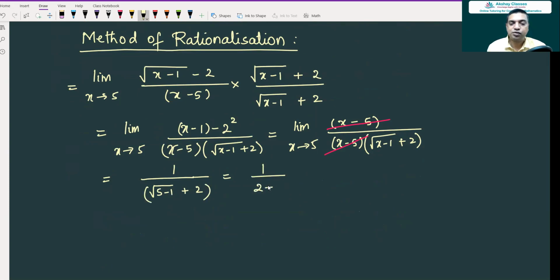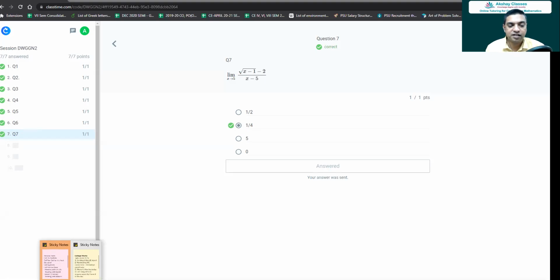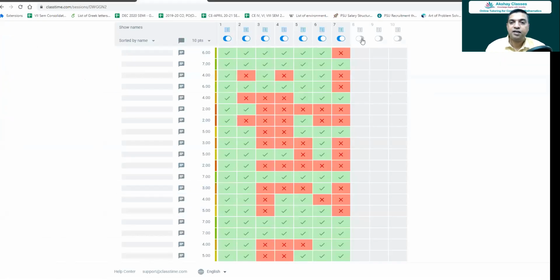So it is 2 plus 2, it is 1 by 4. So answer is 1 upon 4. This is the method of rationalization. Okay, look at the next question.